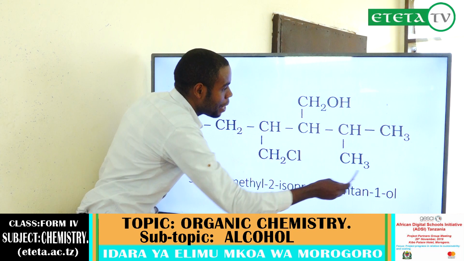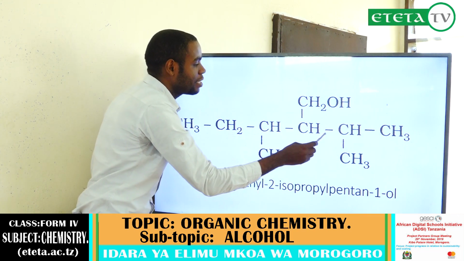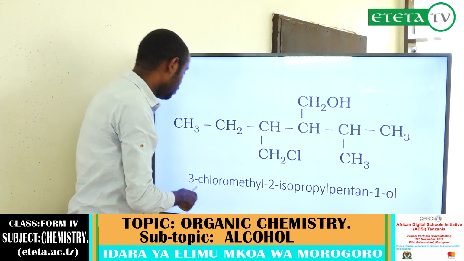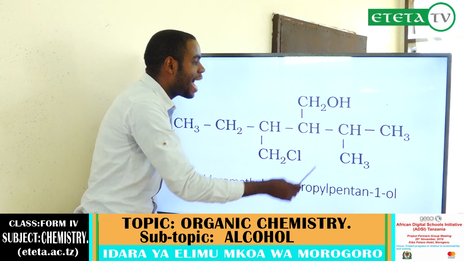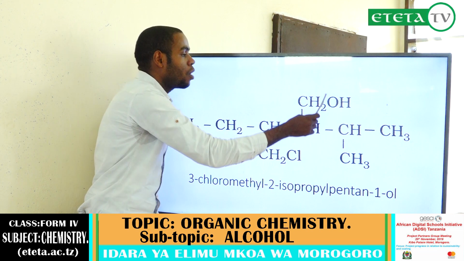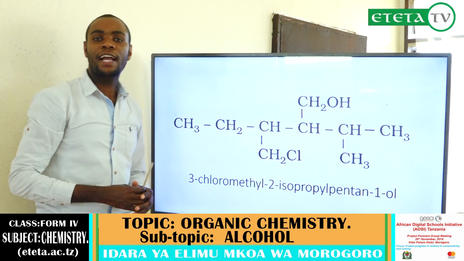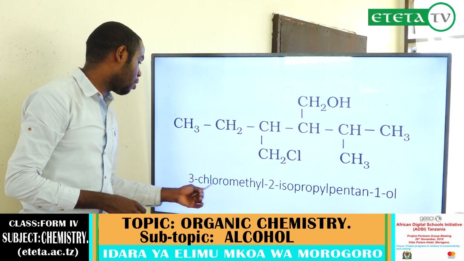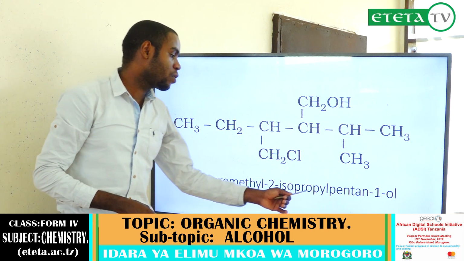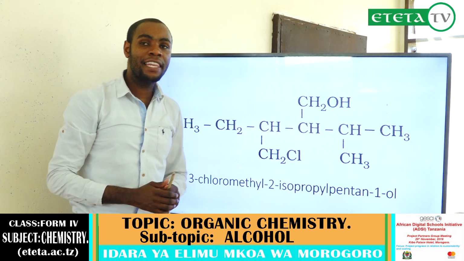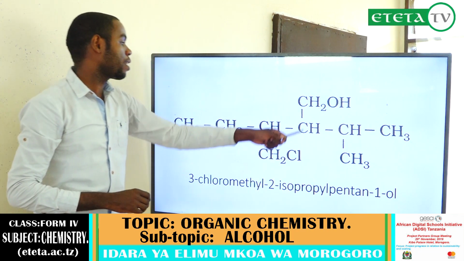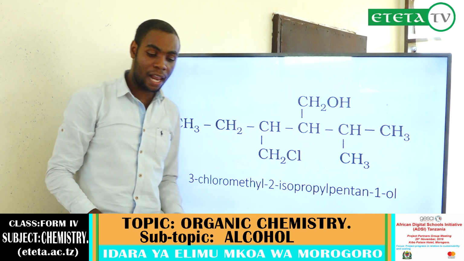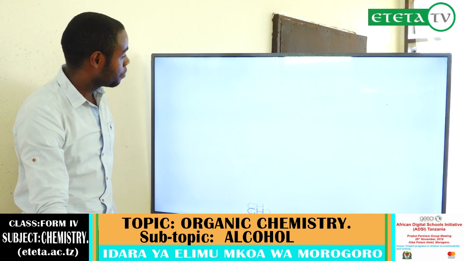The isopropyl is on the second carbon. So it will be 3-chloromethyl, 2-isopropyl, pentan-1-ol, because OH is on the first carbon. This is the IUPAC name for this alcoholic compound.